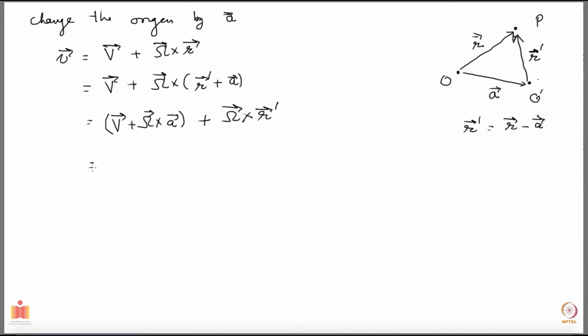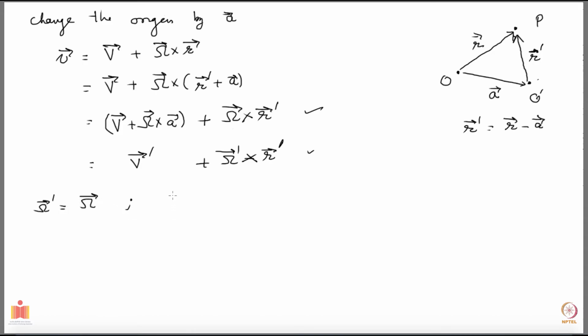So what you have now is V prime plus omega prime cross R prime, right? If you had started with O prime as the origin, this is what you would have written. So if you compare these two, you realize that the omega is same. So omega does not change if you change the origin of the body system.